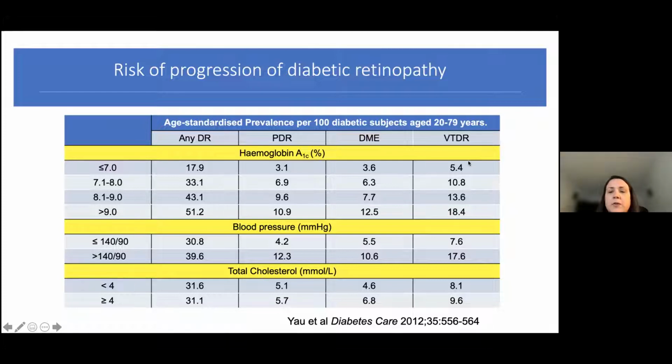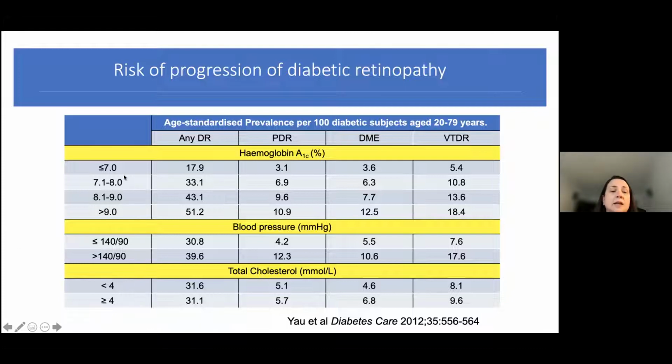And 5.4 of that would be of a vision-threatening retinopathy level. So that is your proliferative and your macular edema levels, your maculopathies. So even at low HbA1c results, we still find some people getting diabetic retinopathy, unfortunately.